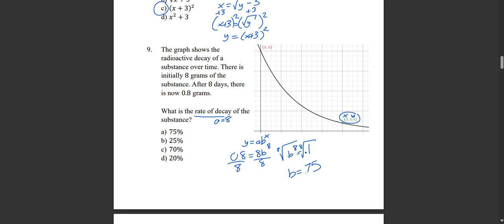The growth or decay factor does not necessarily mean it's the rate of decay, right? So it's going to be 8 times 0.75, right? If I'm multiplying this by 0.75 every time, I'm actually losing 25%. It's 1 minus 0.75, 1 minus the factor. So it's actually decaying at a rate of 25%. Okay.